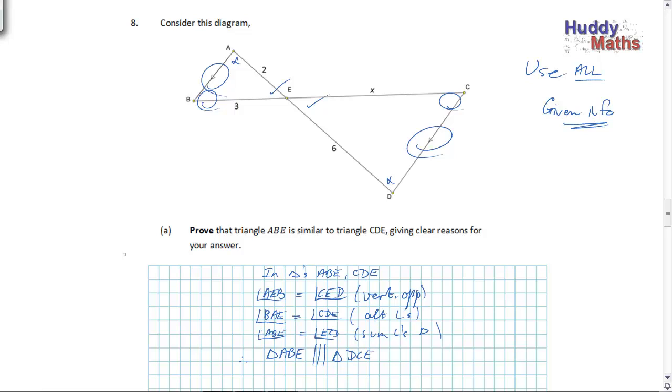Look out, it's DCE. Must have the order correct there. Equiangular, if you like. Must have this order correct, showing that A matches with D, not with C, for example. Okay, so there's 4 marks, so we get these 2 match-ups here, and then the order and the reason. Be careful with those 4 marks that you actually earned those.